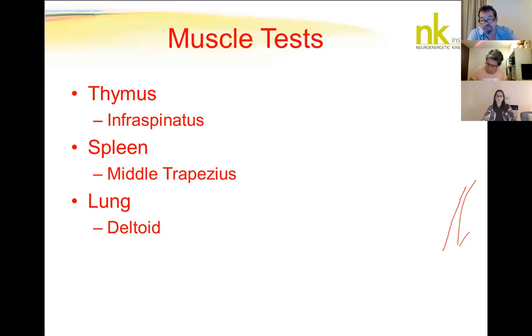You could do that with all the other ones as well: infraspinatus, deltoid, subscapularis, psoas.